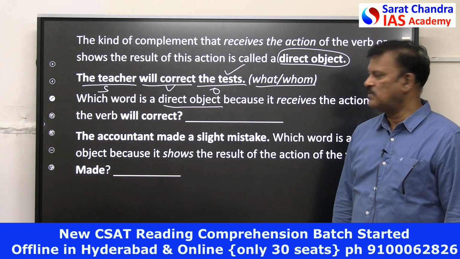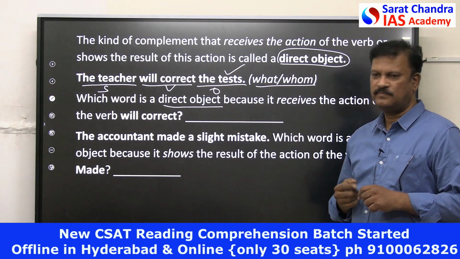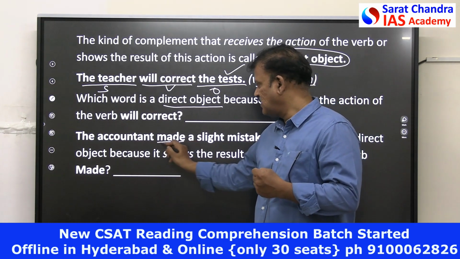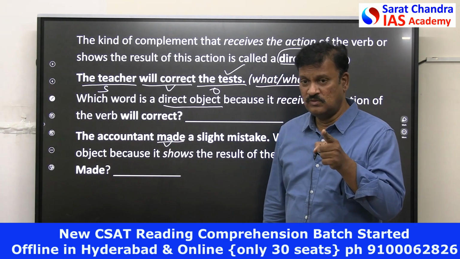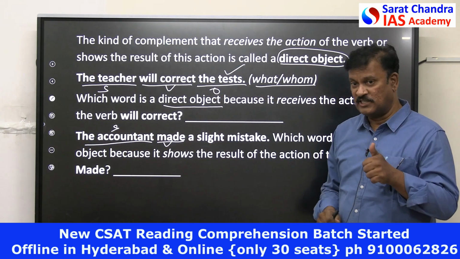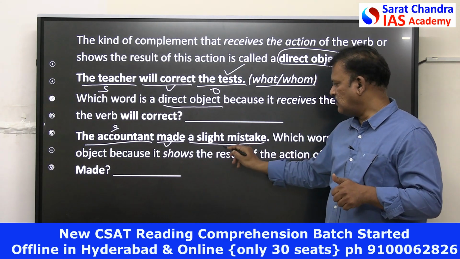Where is the verb? The accountant made a slight mistake. Where is the verb? Verb, action. Who made what? Okay.